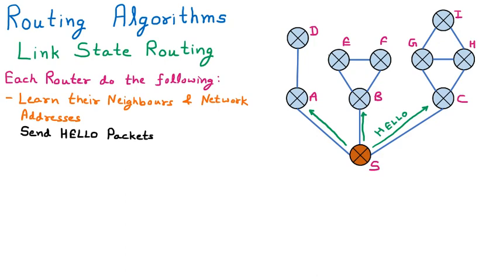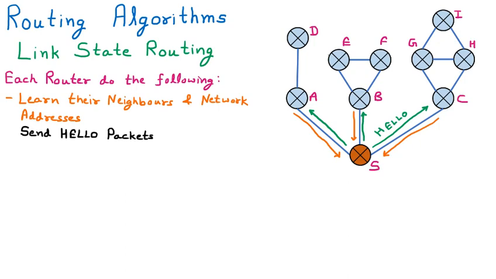So now C, B and A will reply back to S. C replies to S, then B replies to S, so all the replies come to S from A, B and C. This acknowledgement is received.